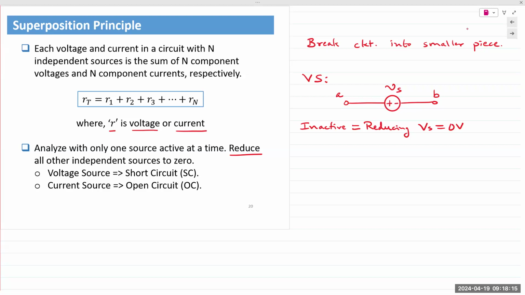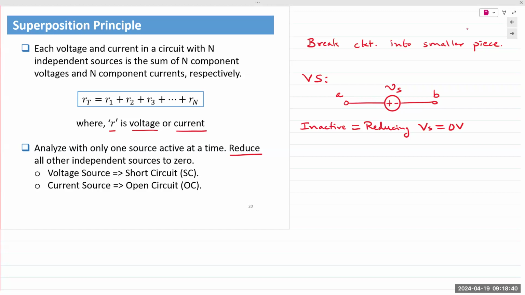Now, voltage source Vs is connected between 2 nodes. If you measure the voltage across those 2 nodes, you obtain a value of Vs. The only way the voltage is 0 is if both those nodes are exactly at the same potential. And the way to implement that is by connecting a short circuit wire between the 2 points.